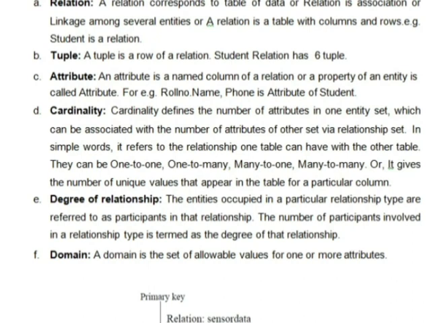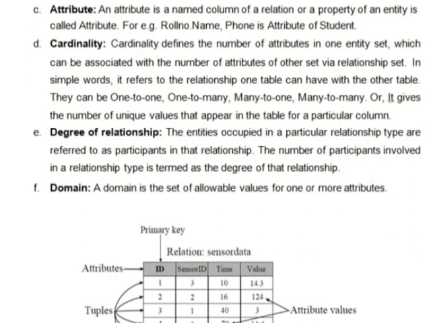For example, here in this particular example, the relation name is sensor data. If we have a student table, that is the student relation. At that time we are not saying student is a table, but we will say student is a relation.